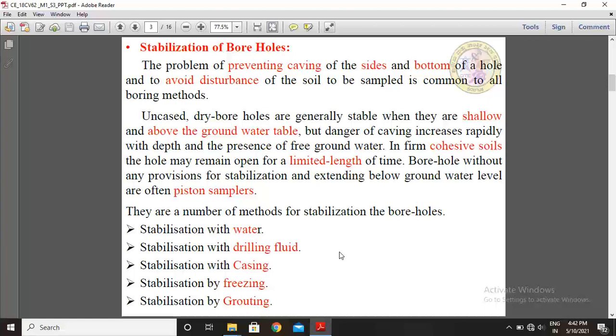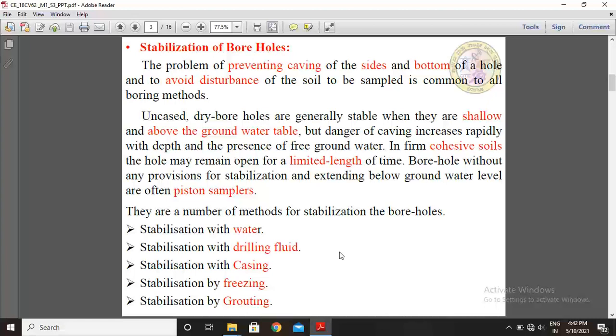Stabilization of boreholes. The problem of preventing caving of the sides and bottom of a borehole, and avoiding disturbance of the soil to be sampled, is common to all boring methods. Uncased dry boreholes are generally stable when they are shallow and above the groundwater table, but the danger of caving increases rapidly with depth and the presence of free groundwater.